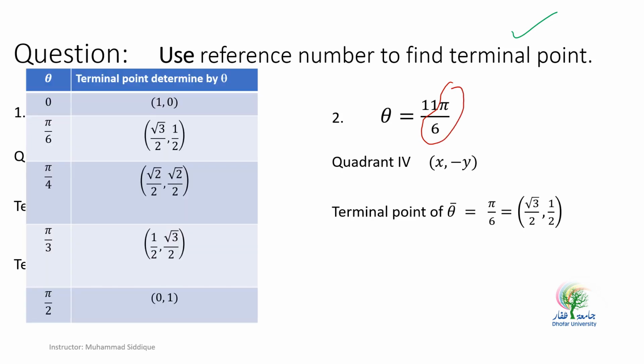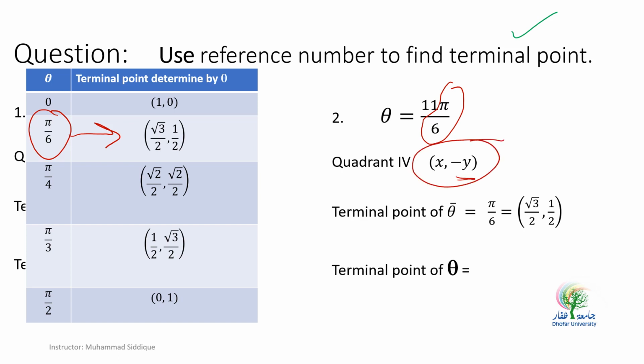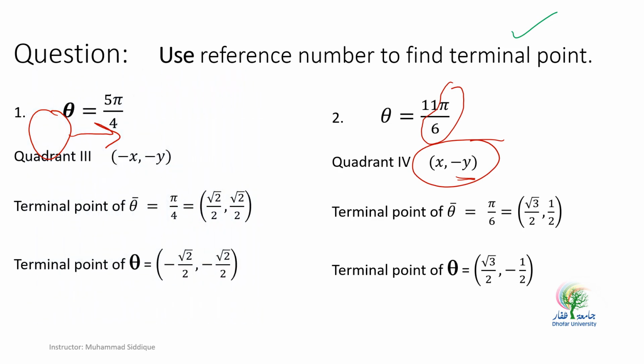And from the table we know pi by 6 is this one: square root 3 by 2, 1 by 2. So in quadrant 4, y is minus, x is plus. So we will write minus with the half and we will write x the same. So that is the terminal point of this angle. Done.